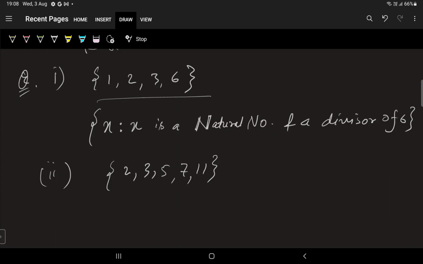Can't be divisible by any other number. That's what you're saying. Okay, how do you define a prime number? How will you define it?